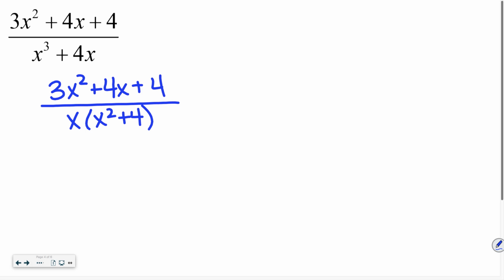Okay. So when we set up our partial fraction decomposition, I know that this is a cubic function in our denominator, but we only have 2 factors because that quadratic cannot be factored any further. So we're still going to set up 2 fractions, one for each of our factors.